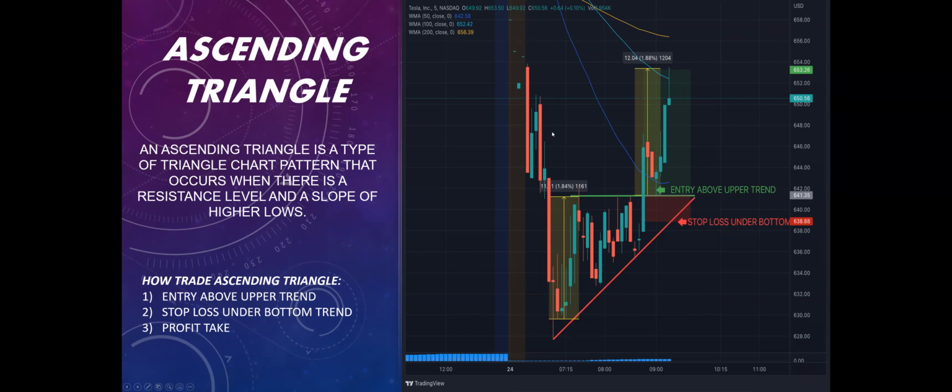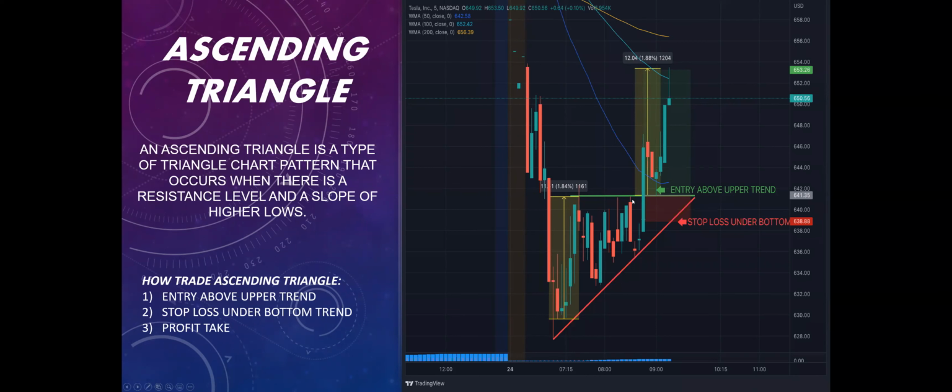So for the ascending triangle, do you have any questions about entry, stop loss, take profit? Again, maybe I'll take a small position on the breakout, trim once we see a rejection, maybe re-enter again on the retest, then trim, and I always hold the runner to hit the target.